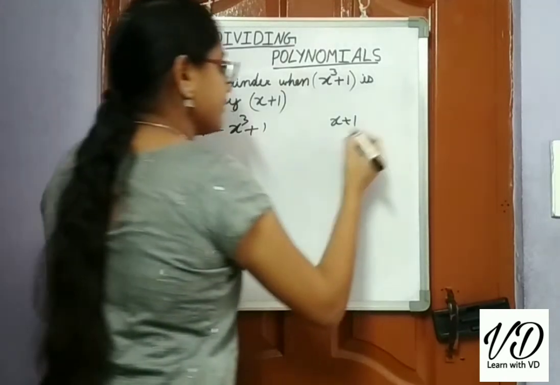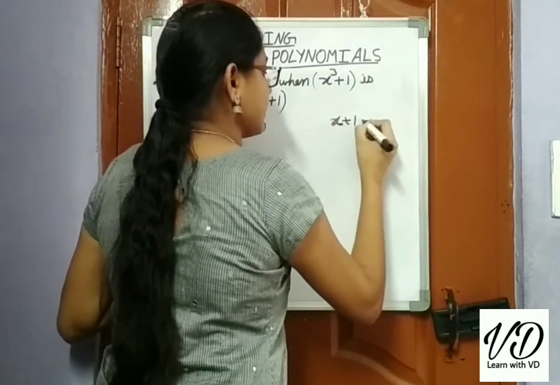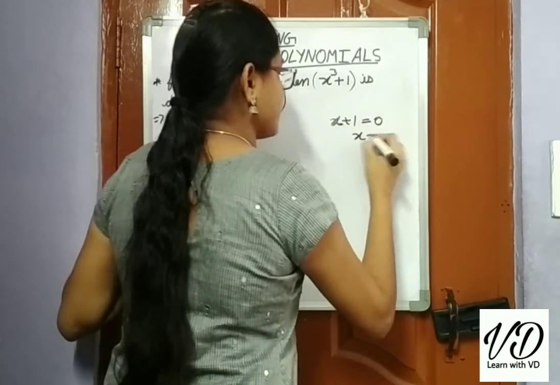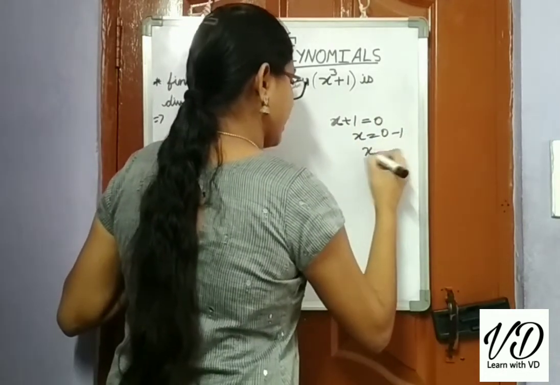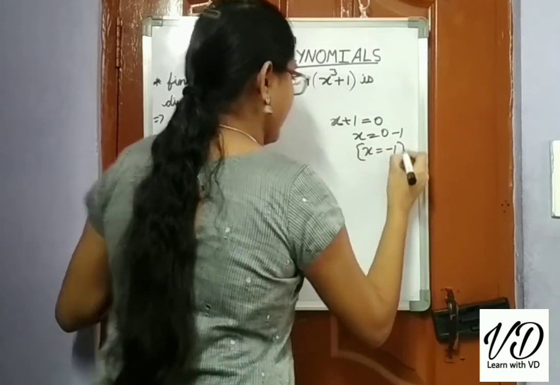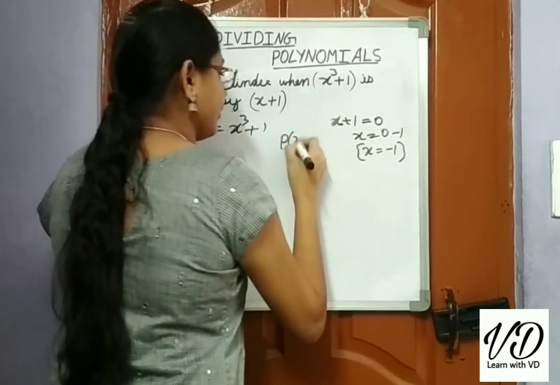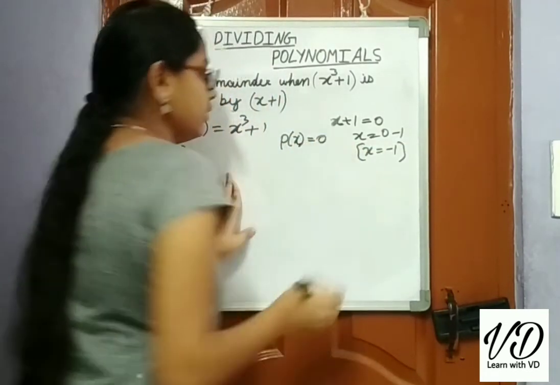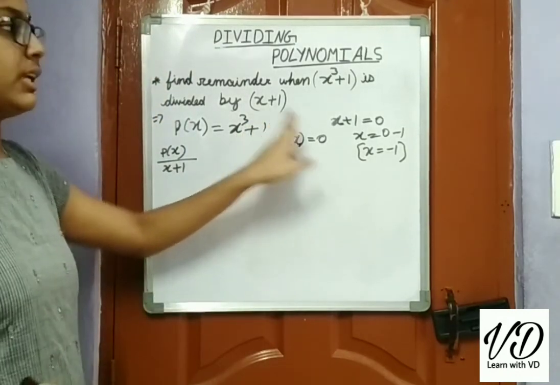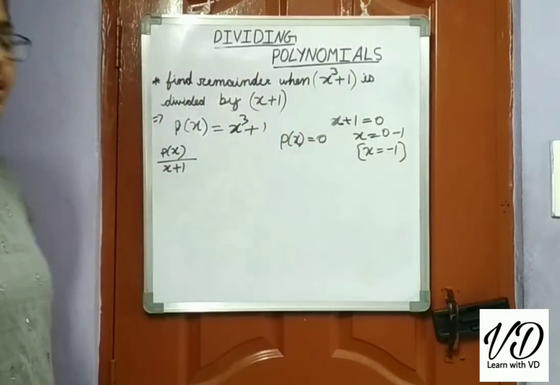Now the zero of this one: x plus 1 is equal to 0, so x is minus 1. If we get p of minus 1 equal to 0, then we can say that x plus 1 is a factor of x cube plus 1.